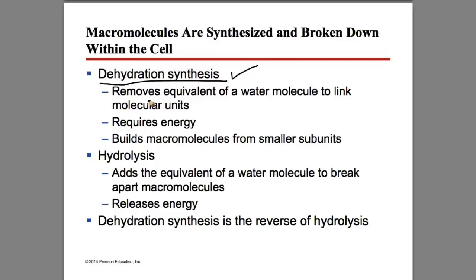Basically, you're removing water from the link of molecules when you're putting these together. This requires energy to build things, and you end up with large macromolecules that originate from smaller subunits. Generally, this part of your metabolic reactions is known as anabolism. And so these are anabolic reactions.